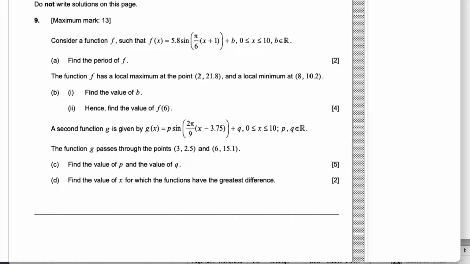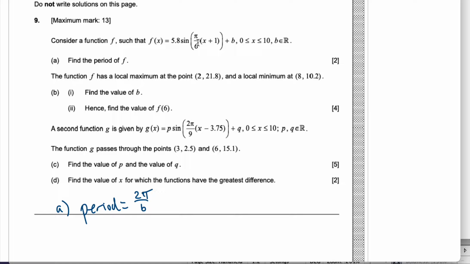Okay, so for the period, you need to just recall that the period is equal to 2 pi over b for sine or cosine graphs. Not for tan though, for tan just pi over b. So here is b, this value, pi over 6.